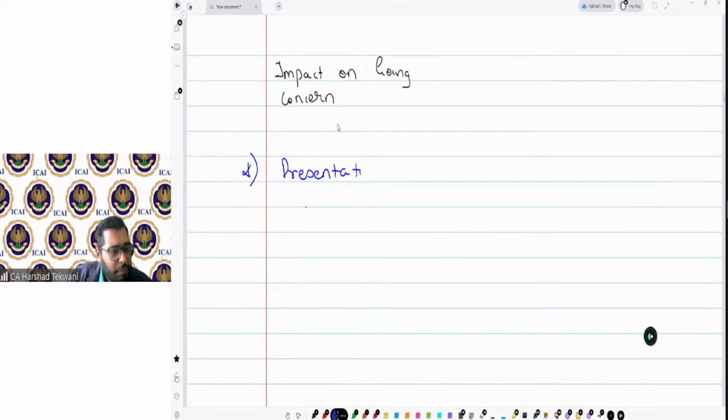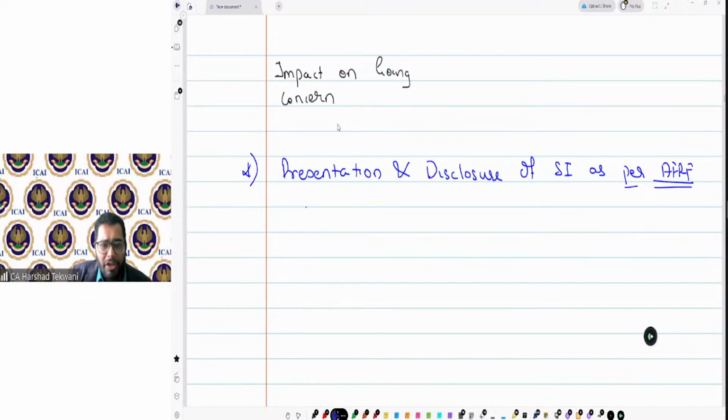Presentation and disclosure of segment information as per applicable financial reporting framework. I need to ensure this particular thing. So these are the specific areas that I need to cover. Okay.